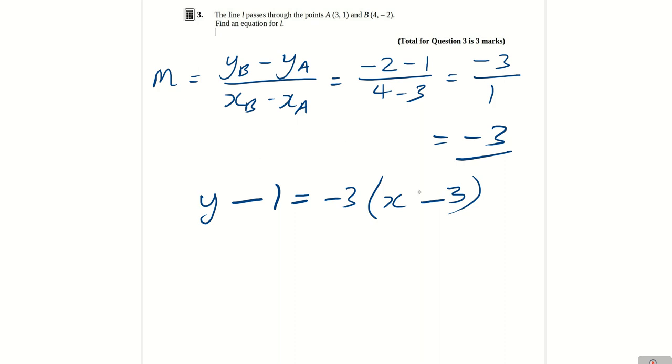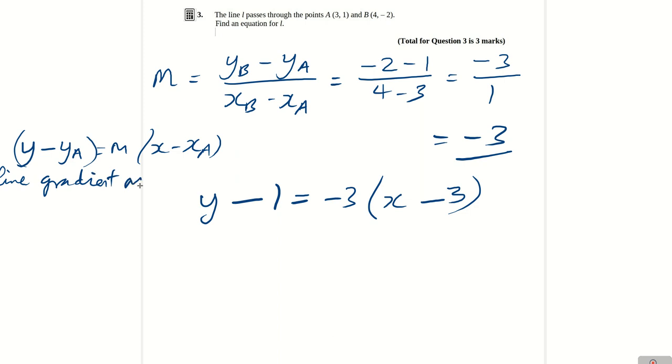And we get this equation because in general you know that y minus ya must equal m times x minus xa, and that's where you've got a line with a gradient of m and it goes through a given point xa, ya.